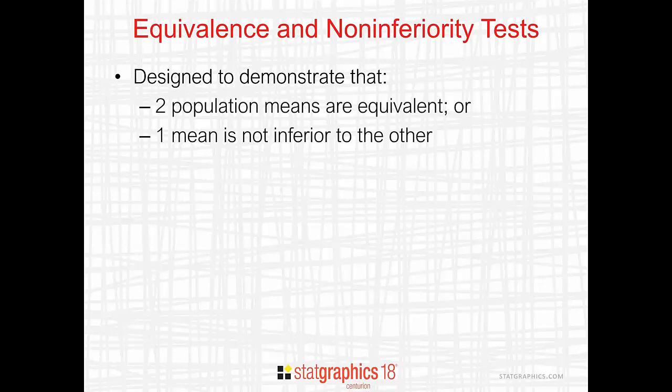These tests are designed to demonstrate that two population means are equivalent. That would be an equivalence test, or that one mean is not inferior to the other. That would be a non-inferiority test. This test might be run, for example, if you're a pharmaceutical company creating a generic drug, and you might like to demonstrate that the generic is equivalent to the brand name drug.